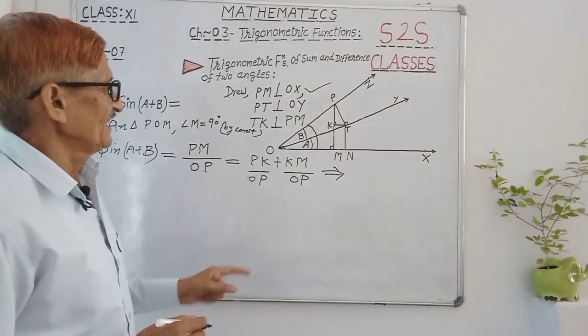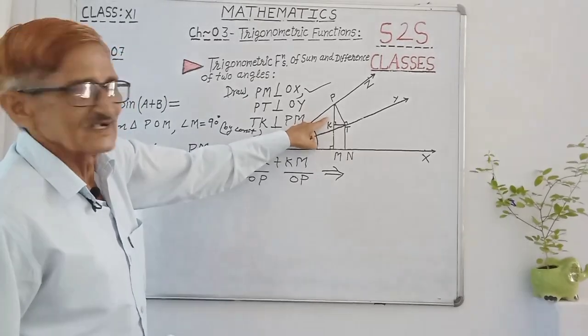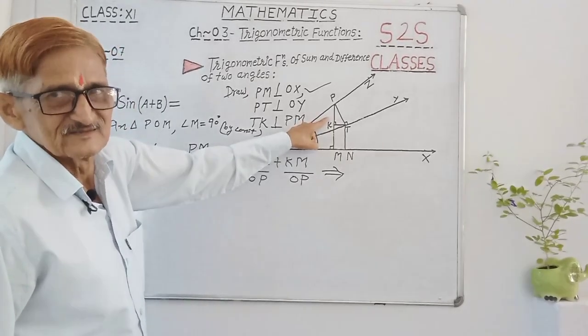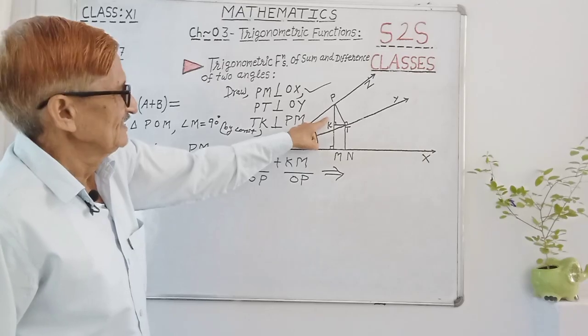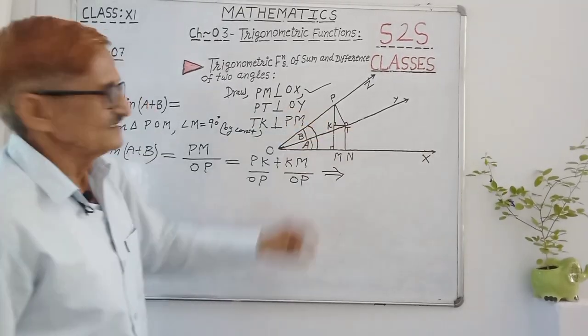After that, this implies PK. Where is PK? This PK. In which right triangle is PK one side? PK is one side in right triangle PKT.